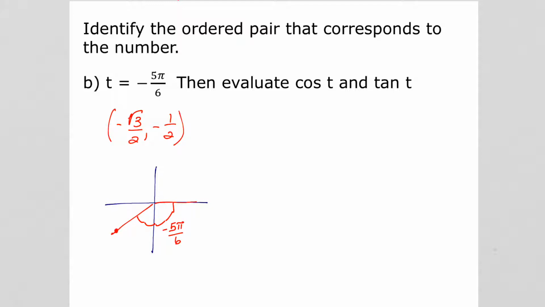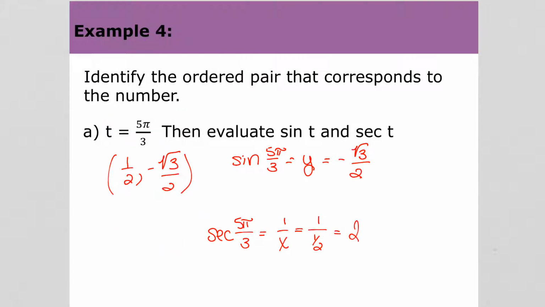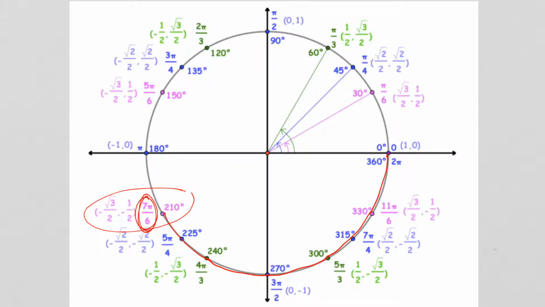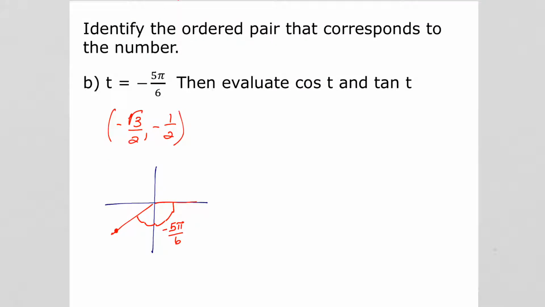And that point is the same, if you'll notice, as 7 pi over 6 if we went that direction. And we'll talk more about how that's important in the future too.